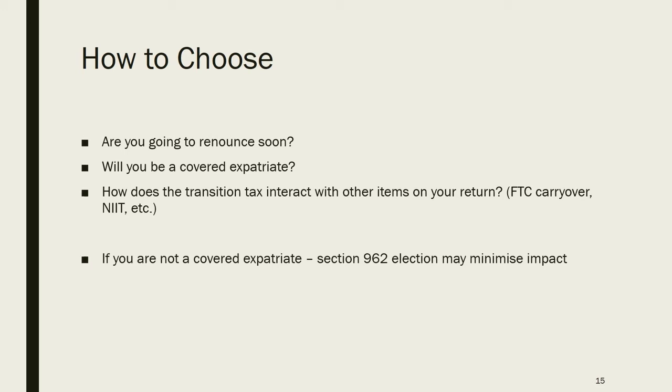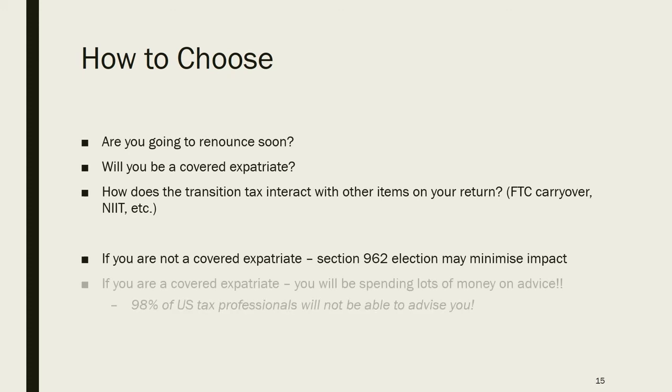So if you're not a covered expatriate, that Section 962 election may very well minimize the impact. It's also true if you're going to remain a dual taxpayer when you finally sell or dividend out the income, because most likely any Canadian tax due is going to completely offset any U.S. tax that's due. And even if it doesn't completely offset it, it clearly can be used as a tax credit.